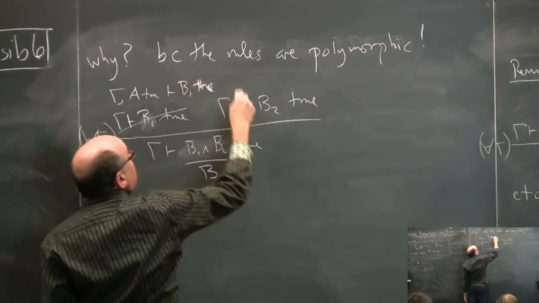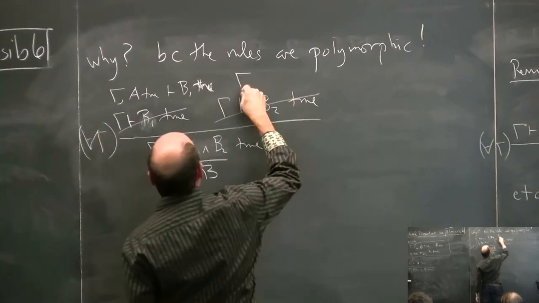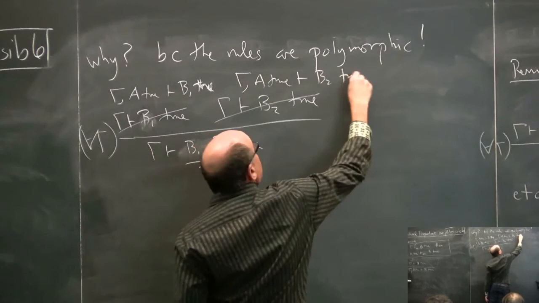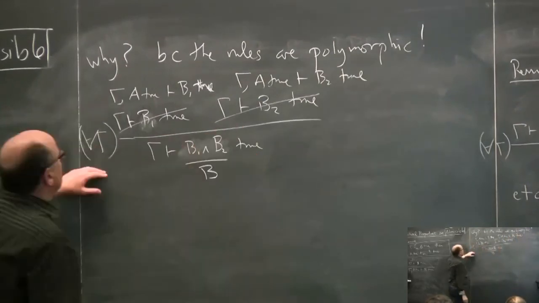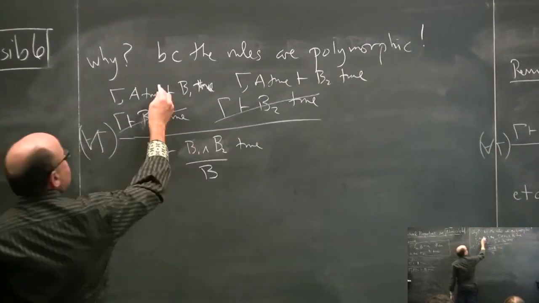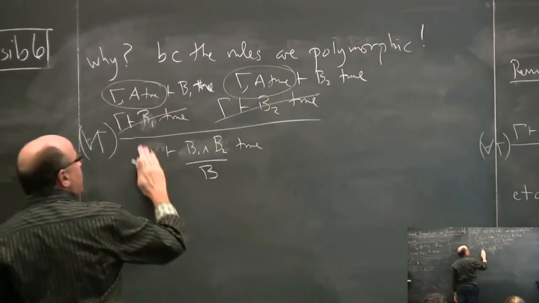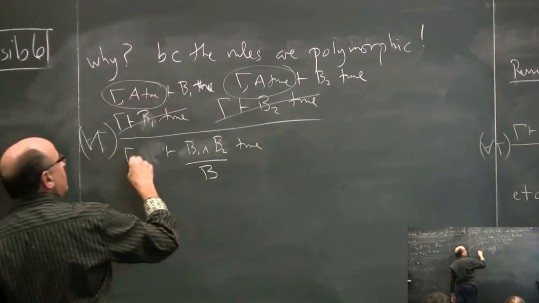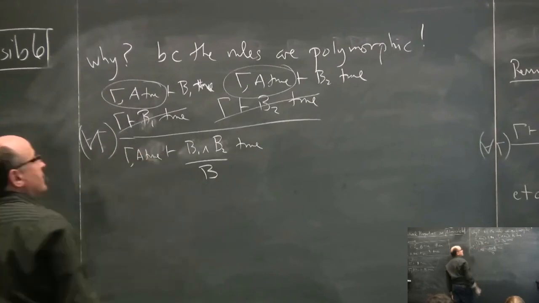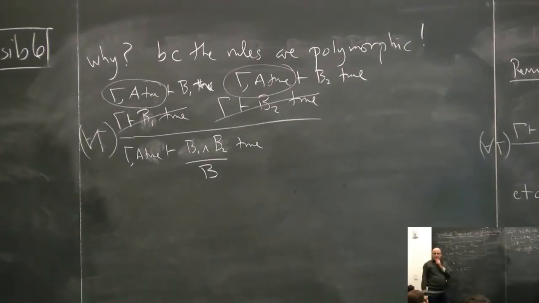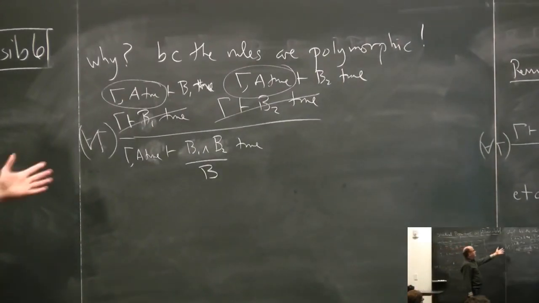Inductively, I get to weaken this to A true with B2 true. Then, because the rule is polymorphic, I take gamma to be this bigger gamma, and by applying this rule I get gamma, A true gives me B true. You see what I mean? It's because the rule holds for any choice of gamma.